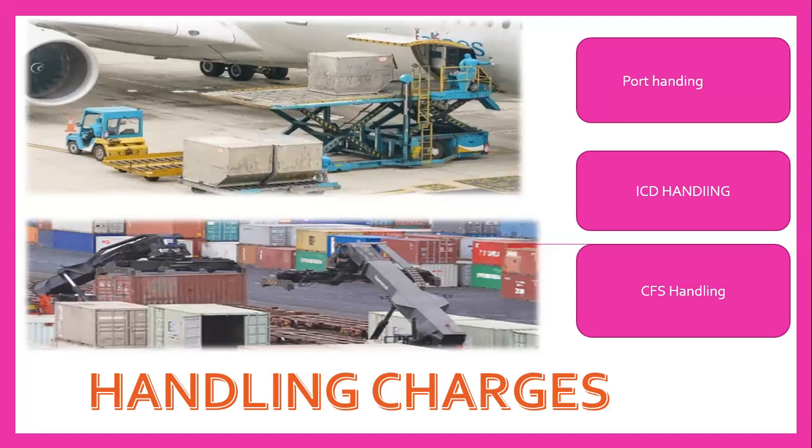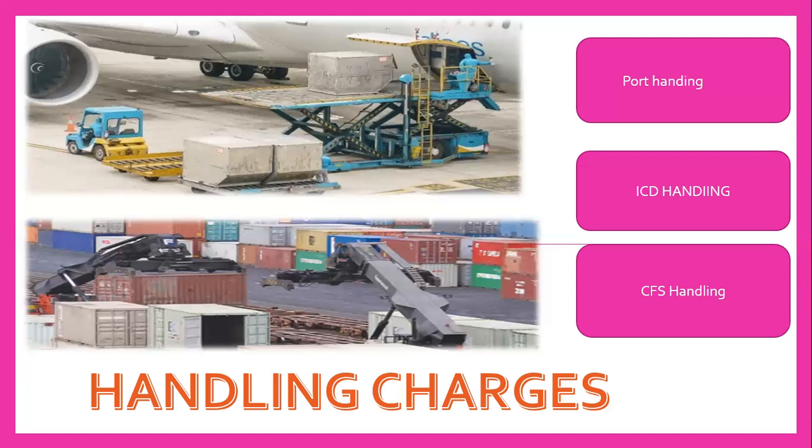Normally the shipping line charges 10 to 15,000 rupees per container for the sea case, but in the air case this charge is very little, just 1000 or 2000. And if demurrage is applicable then additional charges apply. So these airport and seaport charges are called terminal handling charges.